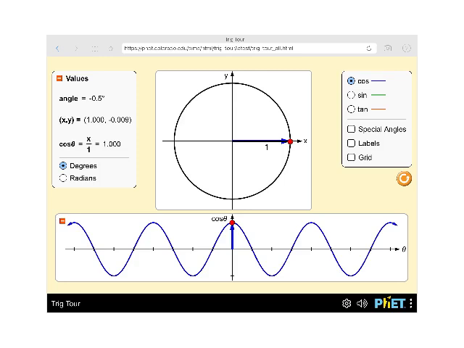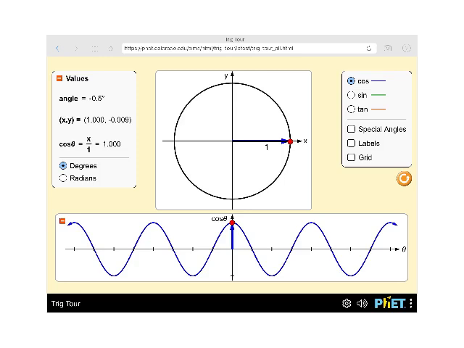So that would be 360 plus 90 is 450, 540, what is the next one? 630, and then we're up here again at 720 degrees.